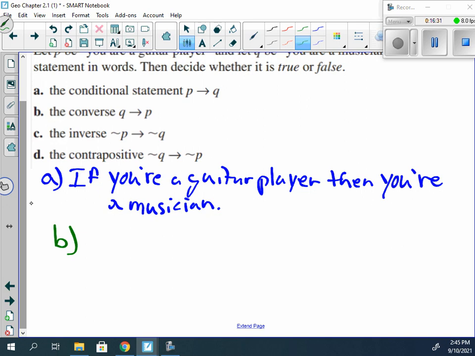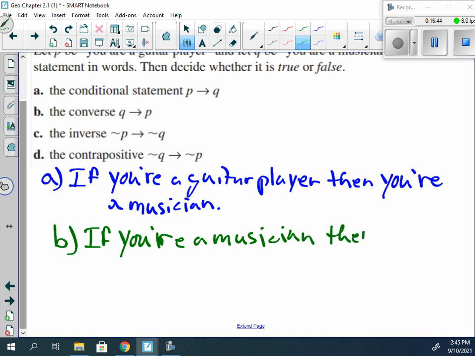The converse would be what? If you're a musician, then you're a guitar player.